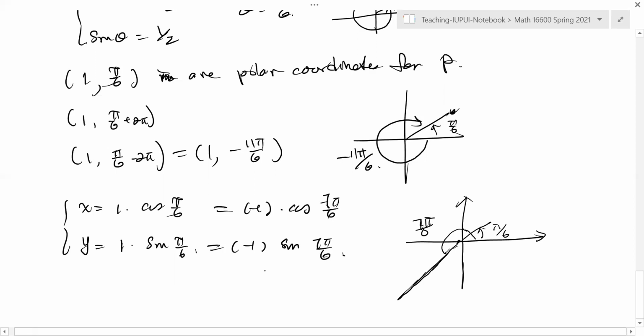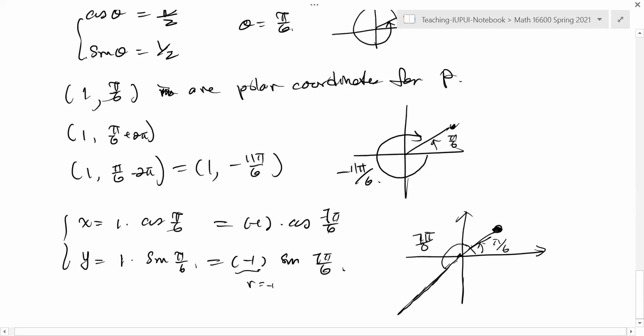But since R is negative here, how do you describe the point? If R is negative, you have to flip over, go to the other side. You actually describe the same point, and I have another way to describe it, which allows R to be negative.